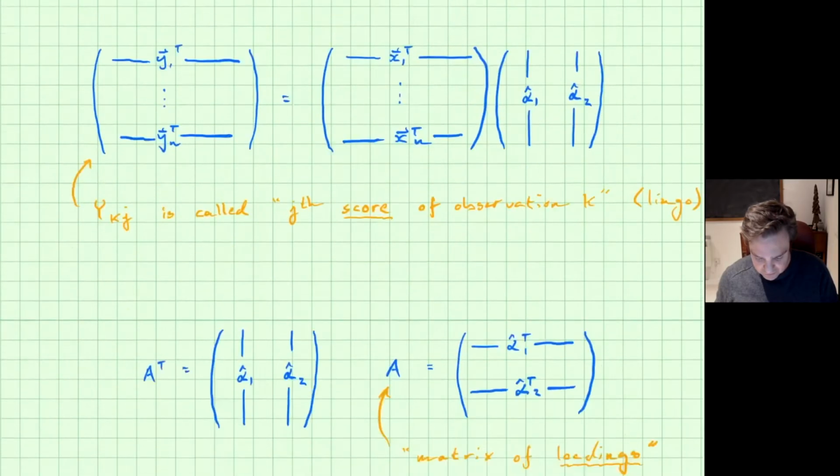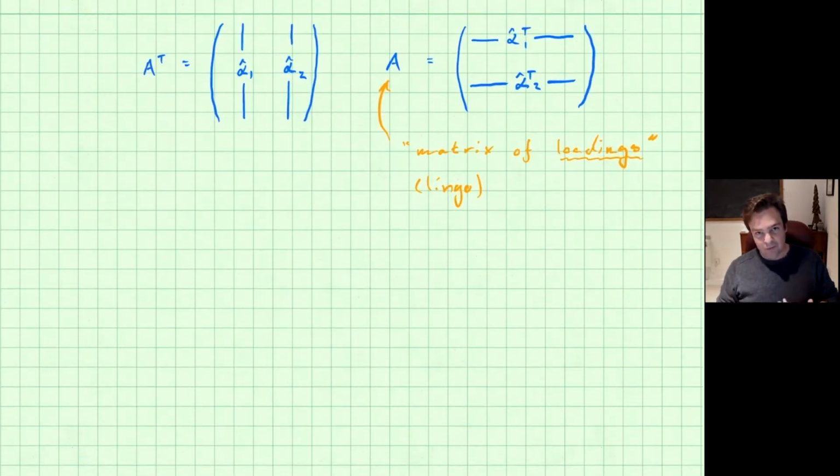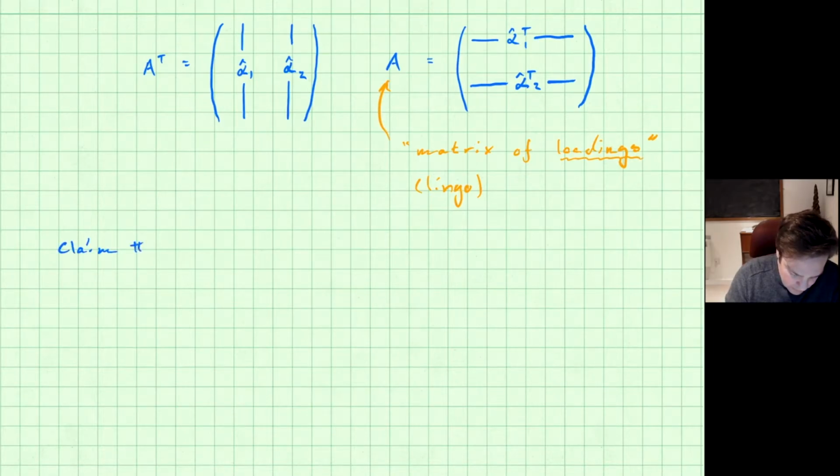The rest of today's lecture is about two really important claims that tell us the most important powers or uses of principal component analysis, and we're going to prove them. Let's say this is claim number 1. I don't think this is an obvious thing, so you might call it surprise number 1. If you're a mathematician, just call this theorem 1.